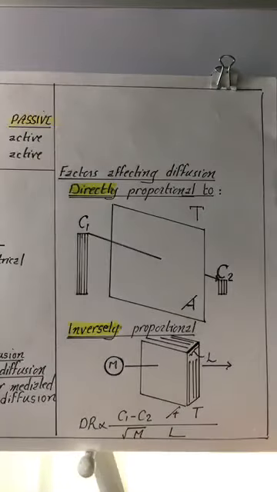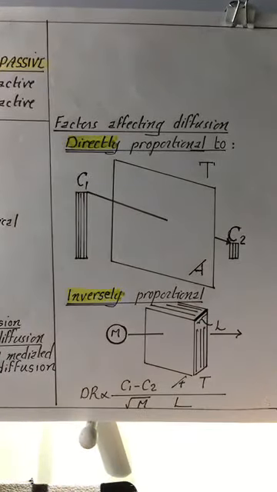Now we come to the second factor. Diffusion is inversely proportional to the length of diffusion. That's the thickness of the membrane, the distance of diffusion. Let's summarize all these factors in one equation.